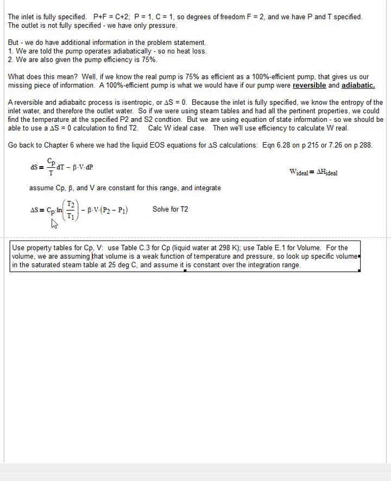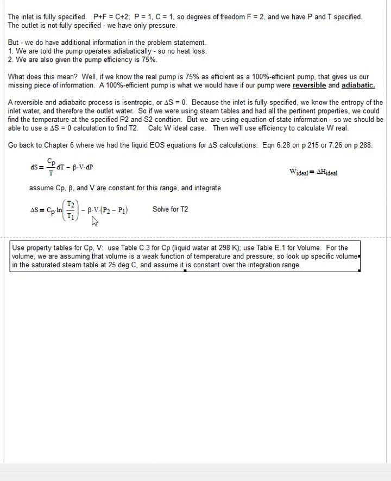Especially for gases, we did some problems in chapter 6 where we assumed that Cp was not constant, and so you had to take the polynomial functional form of Cp, plug it into this equation, and do the calculation to account for the fact that Cp is not constant. But for liquids, Cp is more constant than it is for gases. So we can assume that Cp is constant.